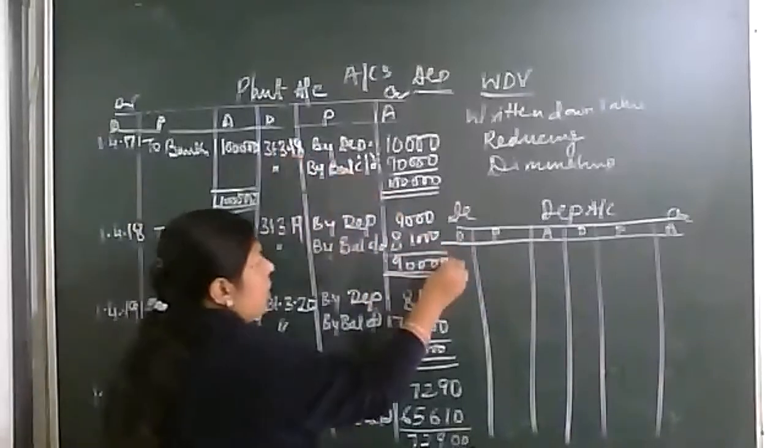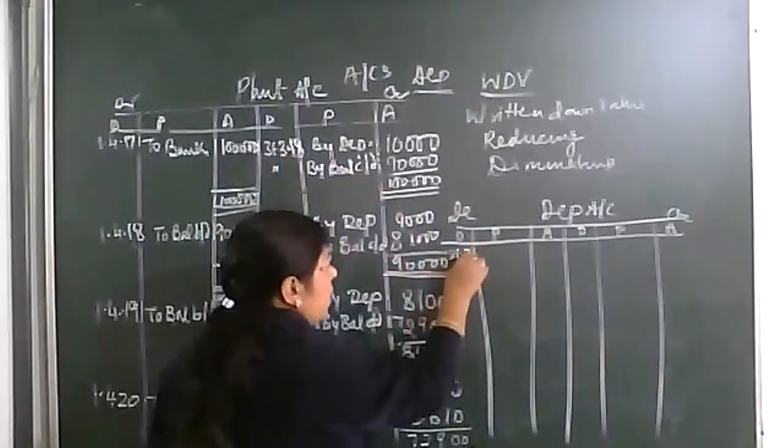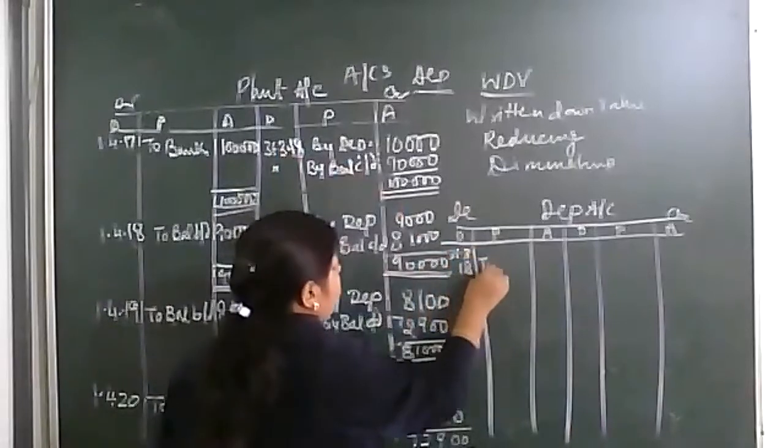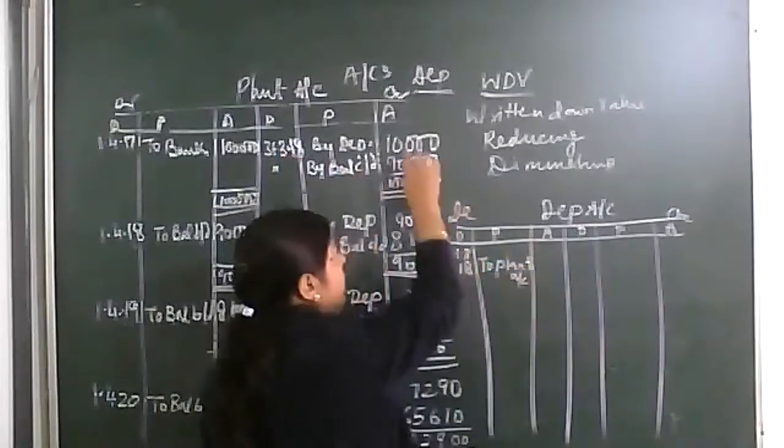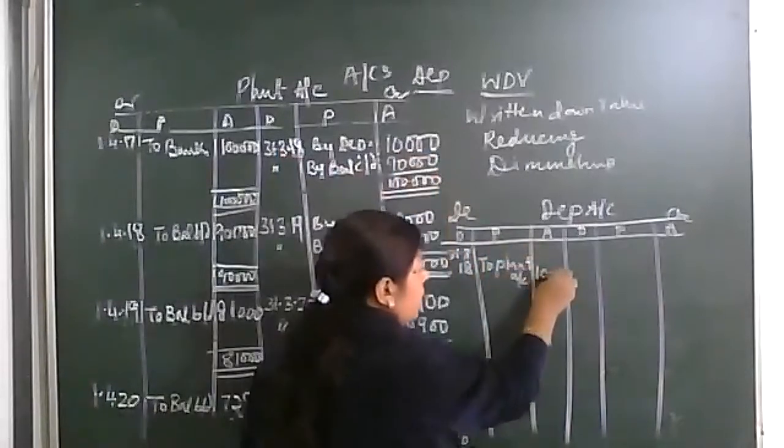The date given is 31st March 18, to plant account, and that is 10,000.